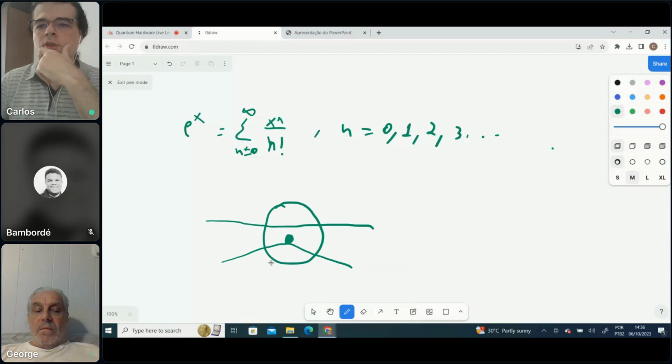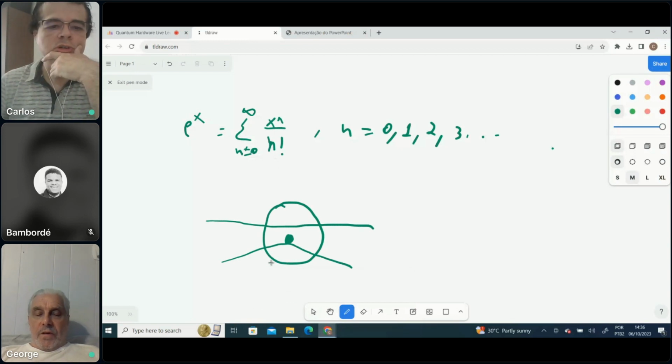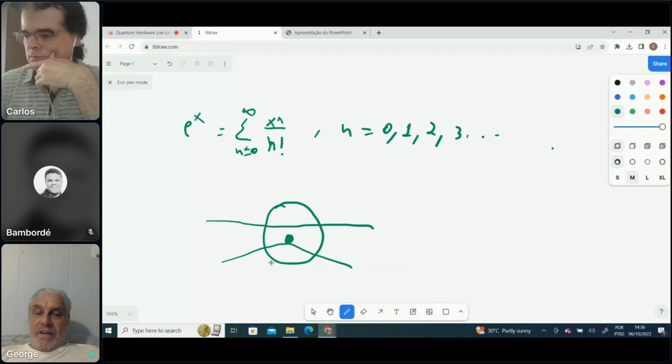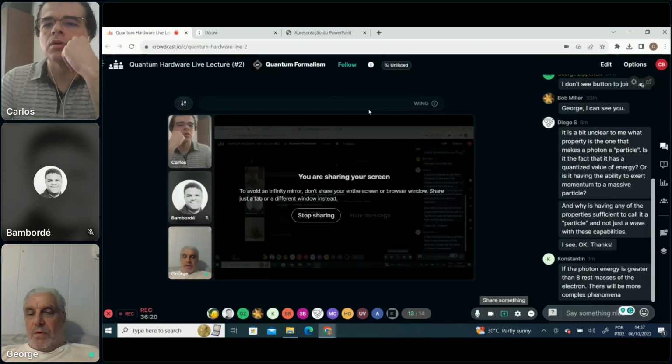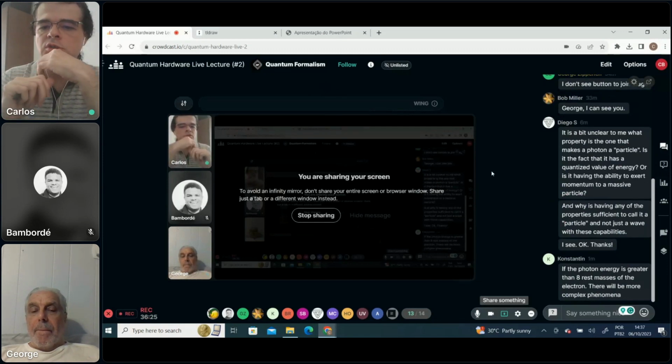Another question? Looks more like a comment than a question from Konstantin. If the photon energy is greater than 8 rest masses of the electron, there will be more complex phenomena. Let me see. So it looks more like a statement than a question.